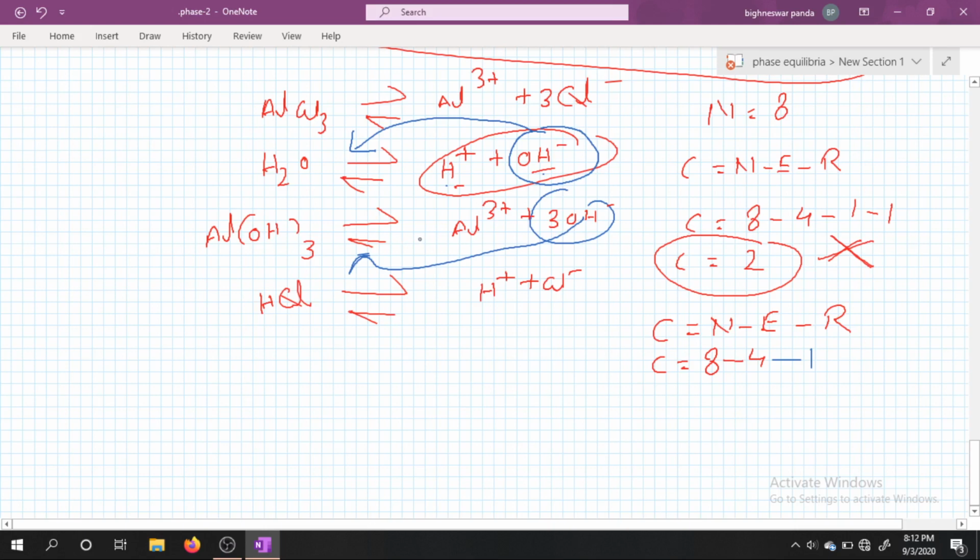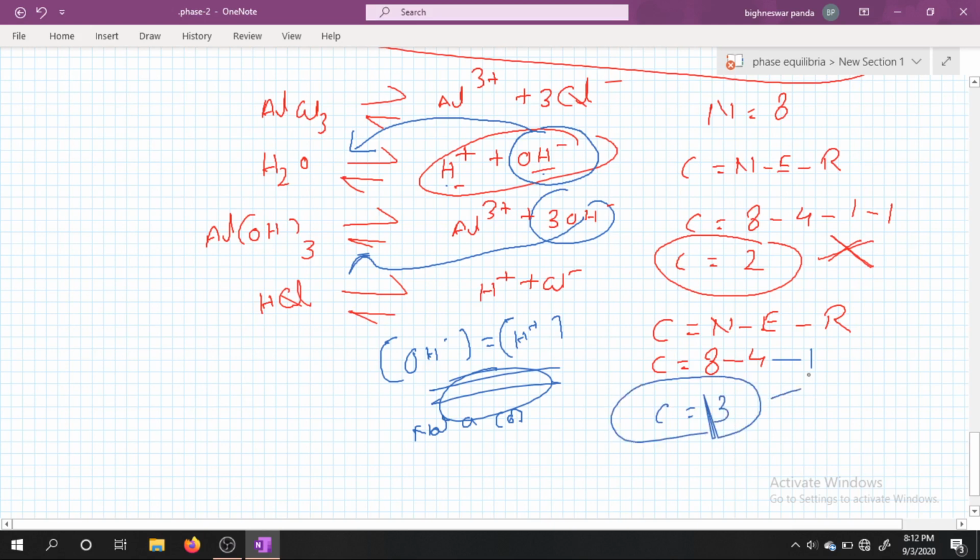The concentration of H plus equal to OH minus is applicable only for water. So OH minus concentration equal to H plus concentration is not a condition here. So we are not using another condition. So this is a 3 component system.